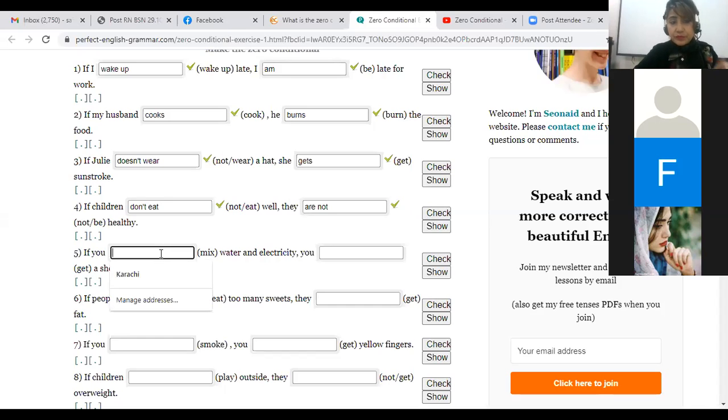If you mix water and electricity, you get a shock.